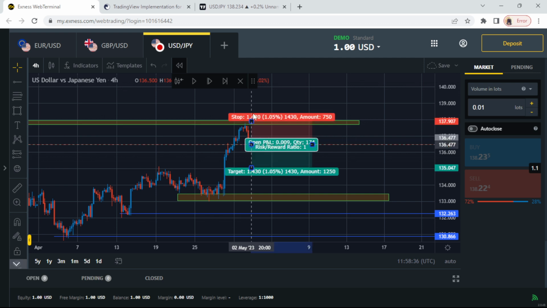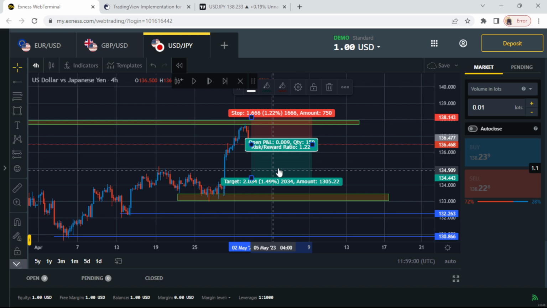Then you put your stop loss just above here. Like this. And this was going to be your risk to reward ratio.